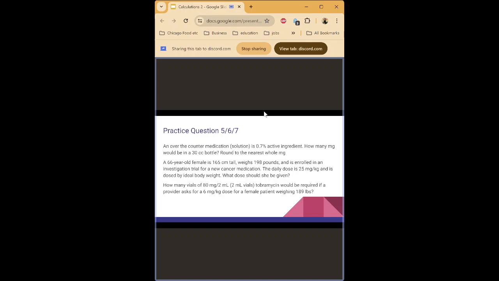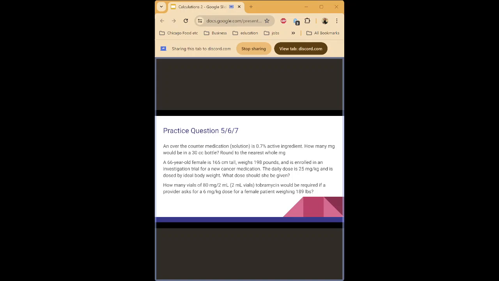Great job. All right, so I have practice questions 5, 6, and 7 here, and we'll do them one at a time. So for practice, the first one is going to be an over-the-counter medication solution is 0.7% active ingredient.